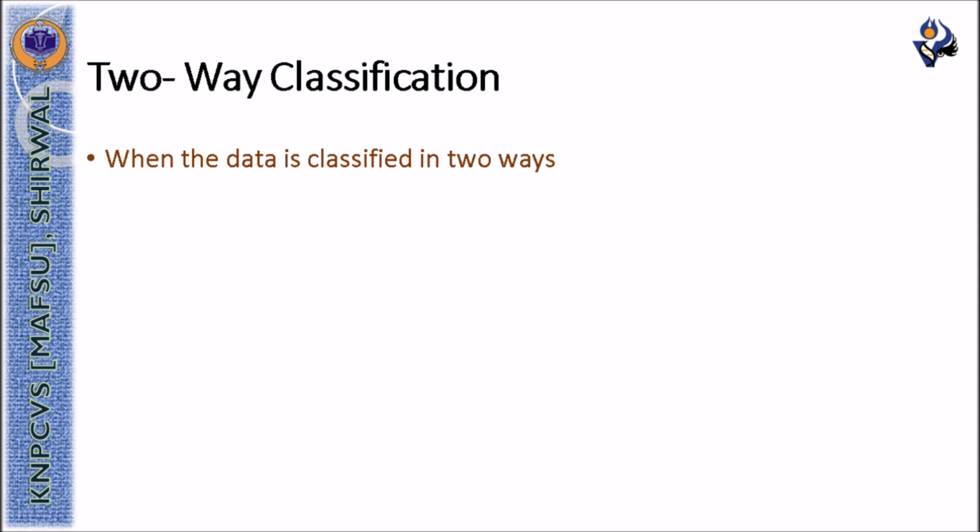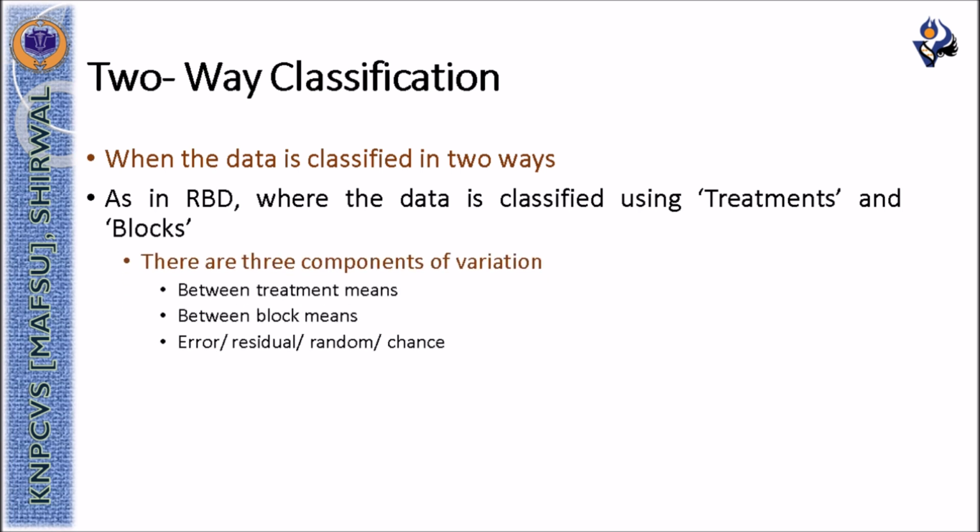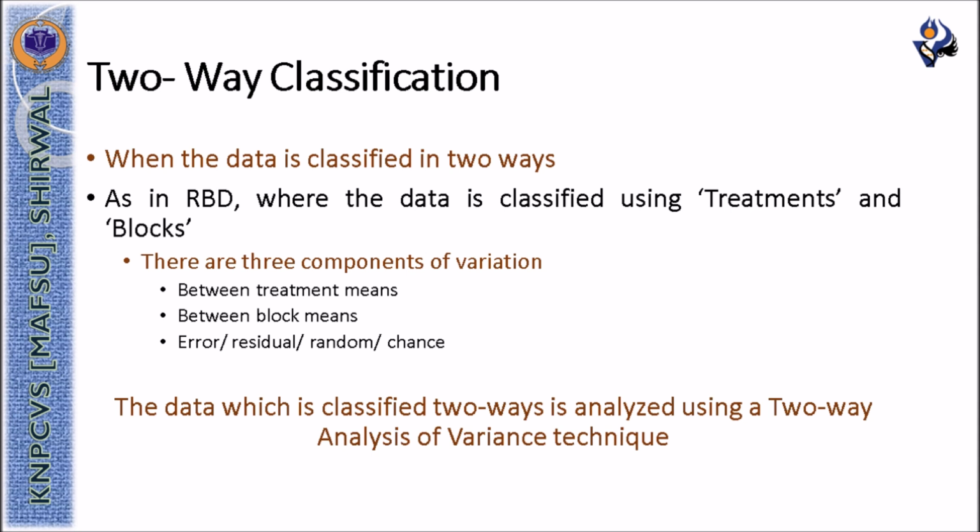When the data is classified using treatments and blocks, we have three components of variation: between the treatment means, between the block means, and the error component of variation. The data which is classified two ways is analyzed using the two-way analysis of variance technique.